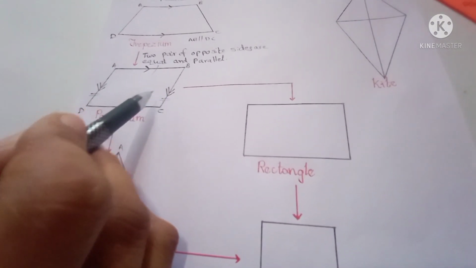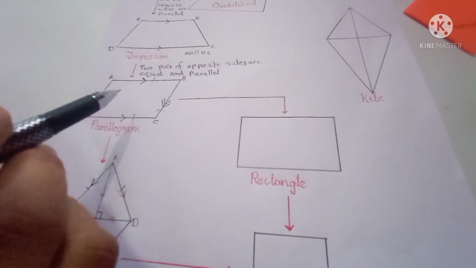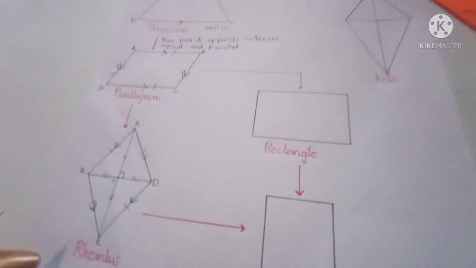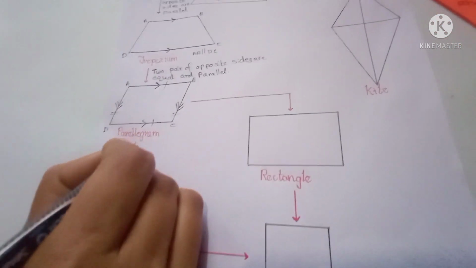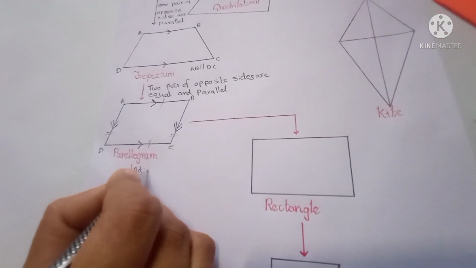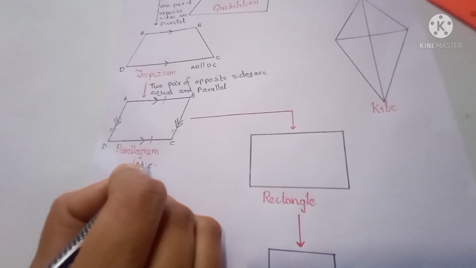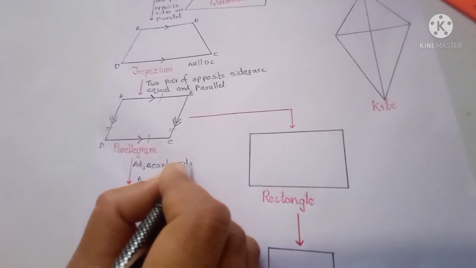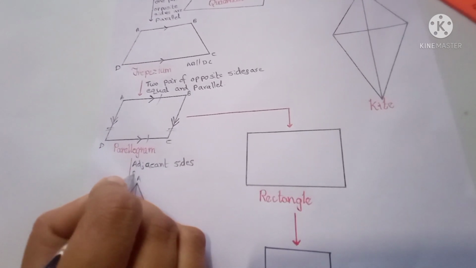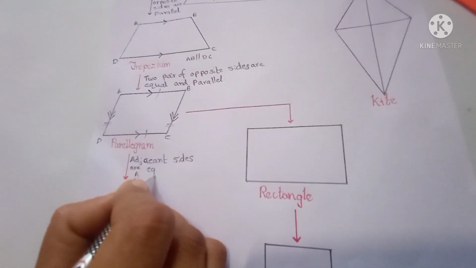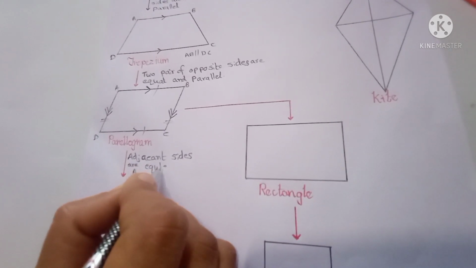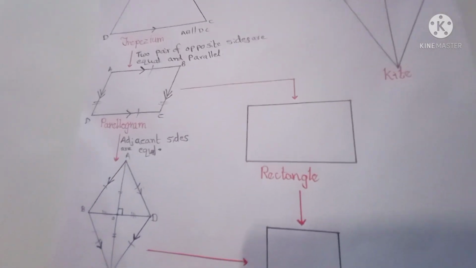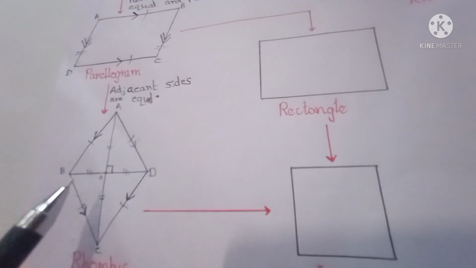If adjacent sides are equal, then the parallelogram becomes a rhombus. Then this is a rhombus.